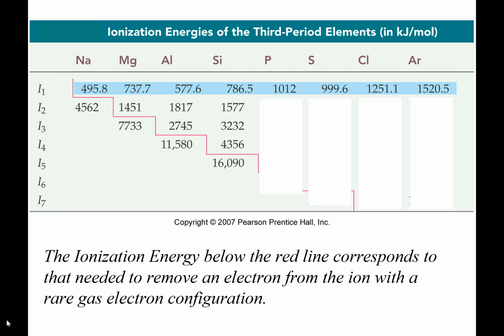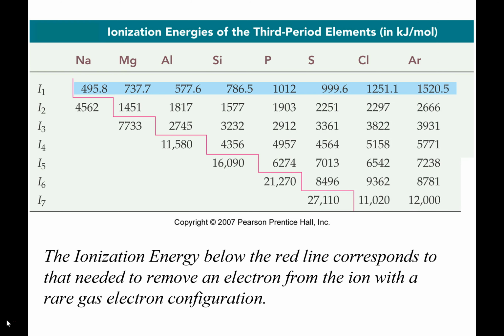They don't want to be a cation. So already you can see that for phosphorus, to get off the first electron, you're looking at about twice that of giving off the first electron of magnesium.